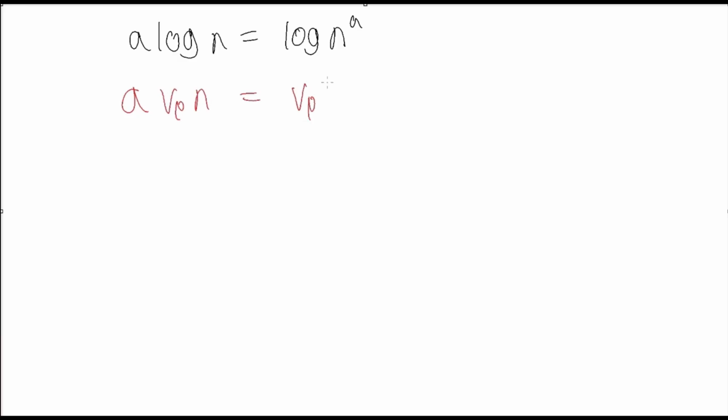Well, recall that with logarithms, we have the associated property that a log n is equal to log n to the a. And similarly, we have a nu p of n is equal to nu p of n to the a. Now, this seems like it won't do much on its own, but this is much more powerful than you think. How come?